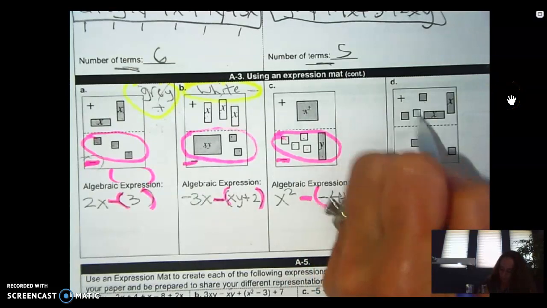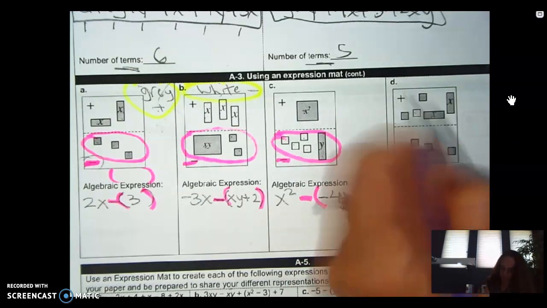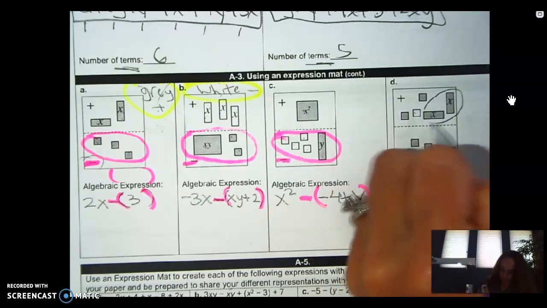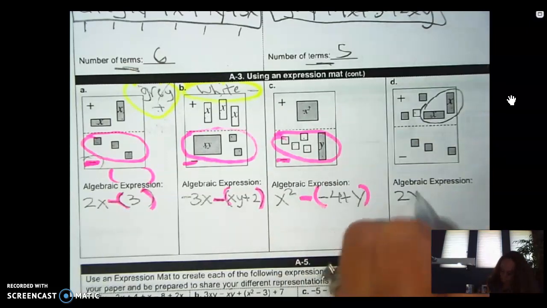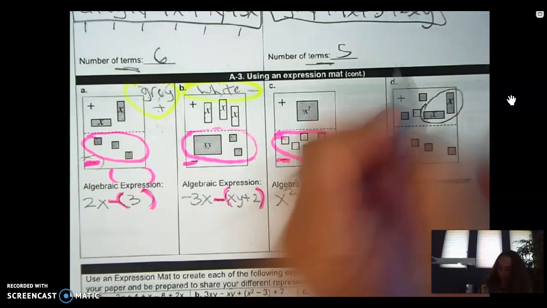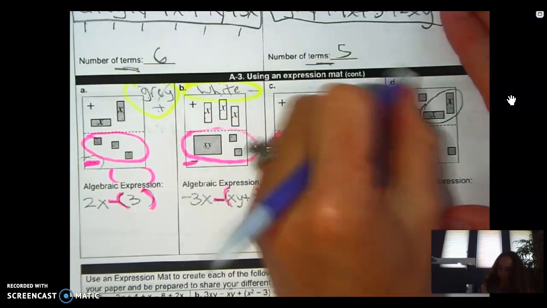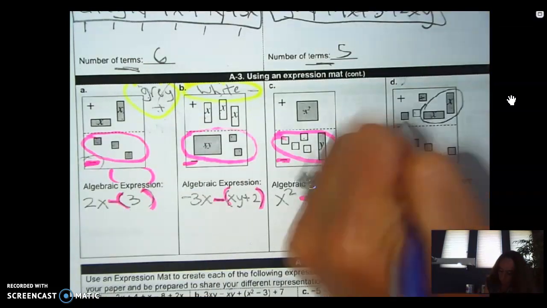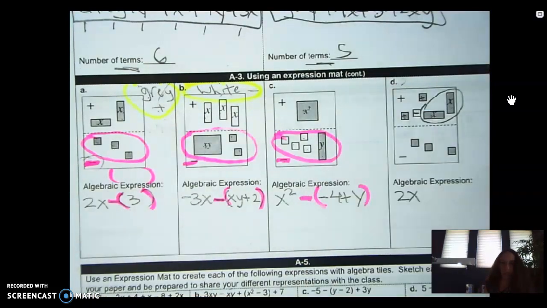I see all of this. Are these two the same? I have these two. Okay, so I have 1, 2, 2x. Now, if you look, I have 2 grays, so I have 2 pluses, and I have a minus.